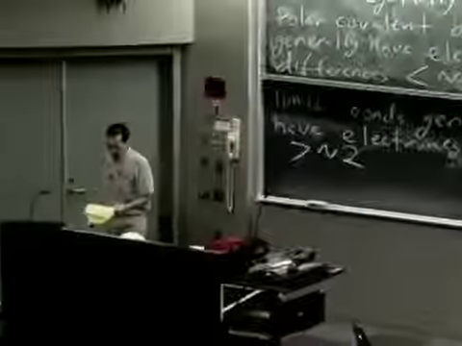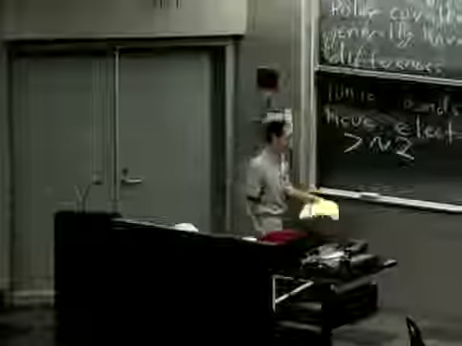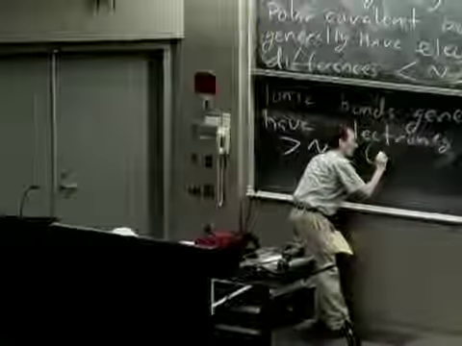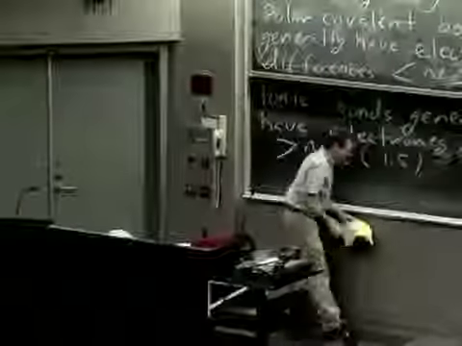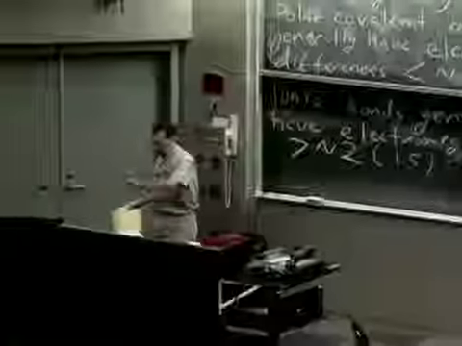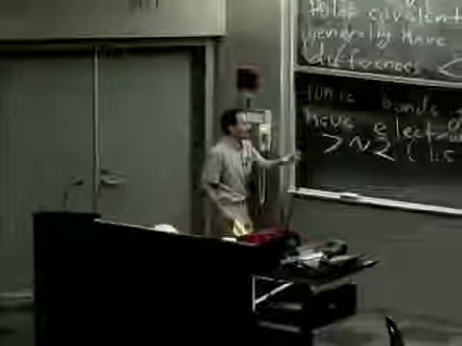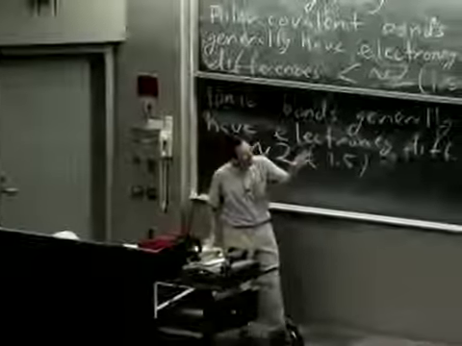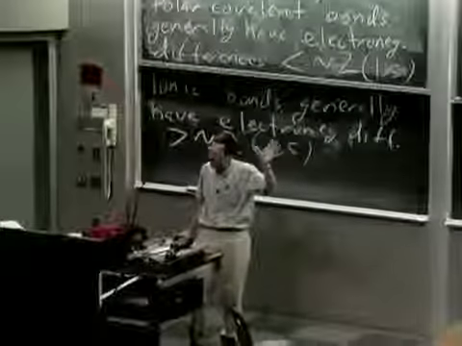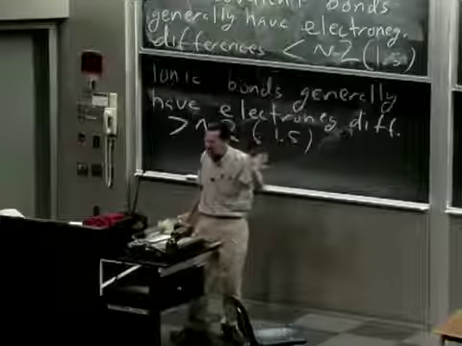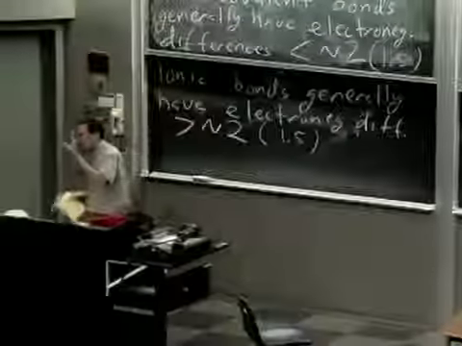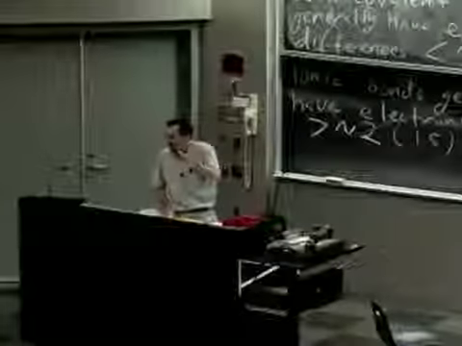I'll say greater than about 2, but again, maybe we can say 1.5. And the final point that I'm going to leave us on is that nonpolar bonds. So how much electronegativity do we have to say it's polar? If it's less than about half a unit of difference, we would probably say it's nonpolar.